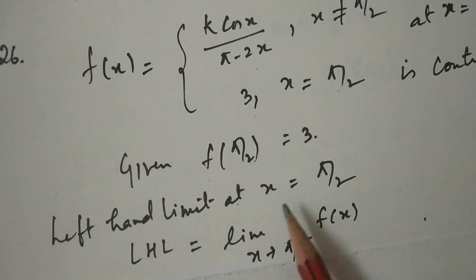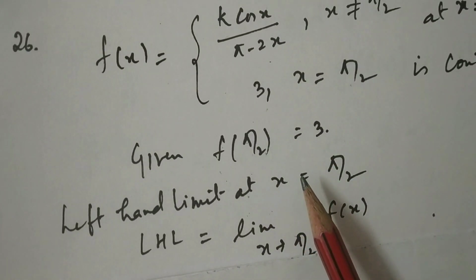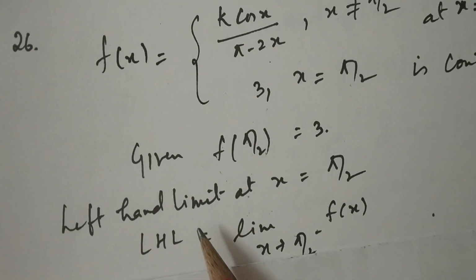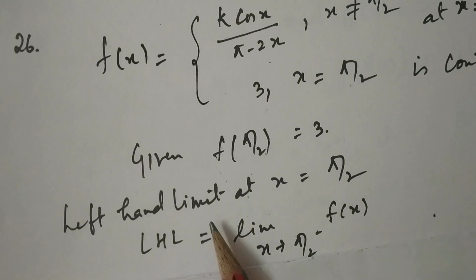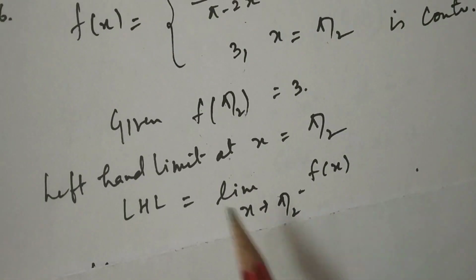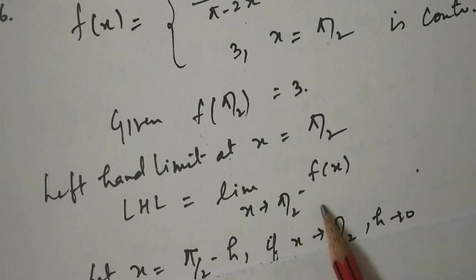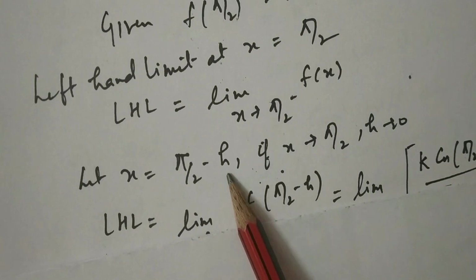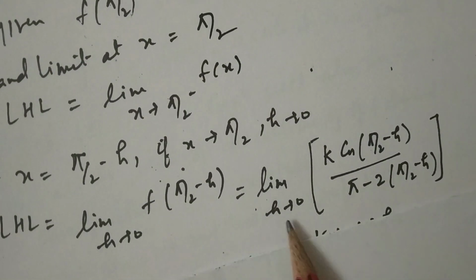For that I don't need to find RHL, because since the function is continuous, my purpose will be solved if I find only the left hand limit. So left hand limit at x equal to pi by 2 can be obtained as limit x tending to pi by 2 negative of f(x), and keeping x equal to pi by 2 minus h, I find the left hand limit this way.